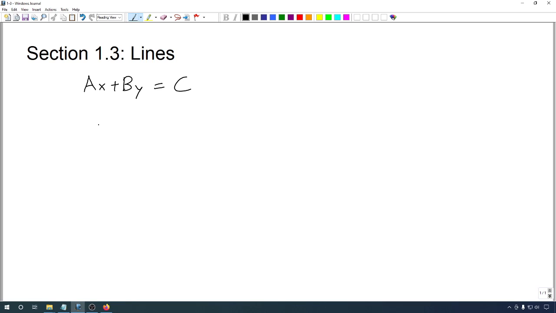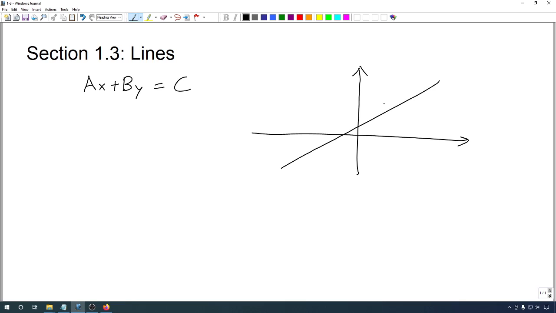So what is slope? Well, if we have a particular line, let me go ahead and just draw a line in here. And we have 2 points on that line. Let's say we have a point here that's x1, y1, and a point here that's x2, y2. We can actually compute the difference between our x values and the difference between our y values.